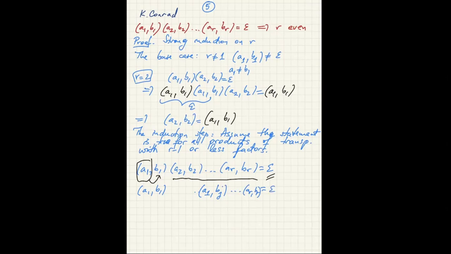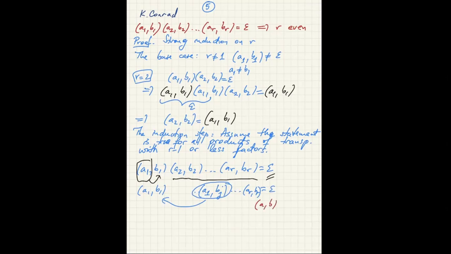Now our job is to bring a transposition containing A1 immediately next to this first transposition A1 B1. To do that, we're going to use the following facts. I will use the notation that Conrad uses in his write-up.